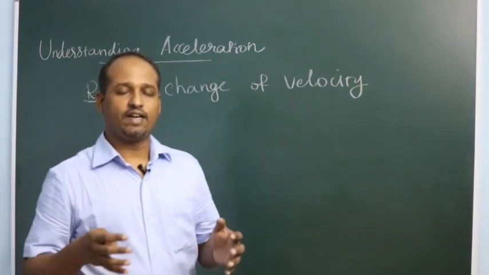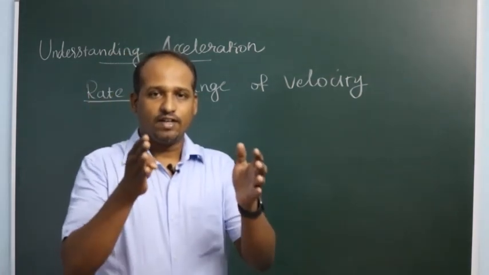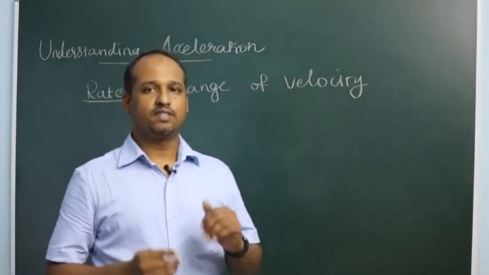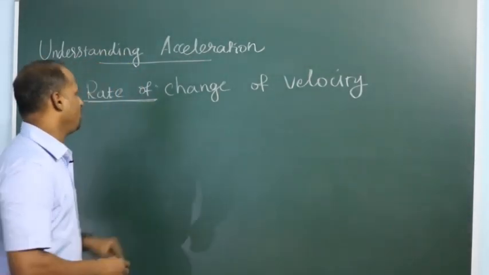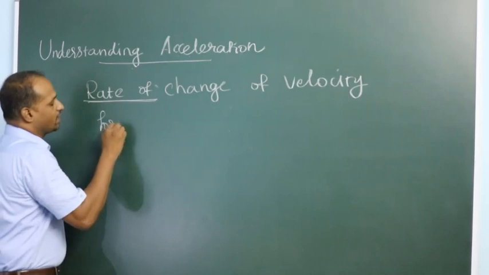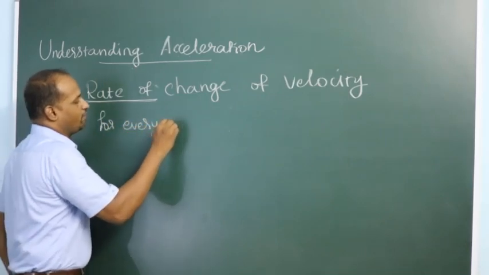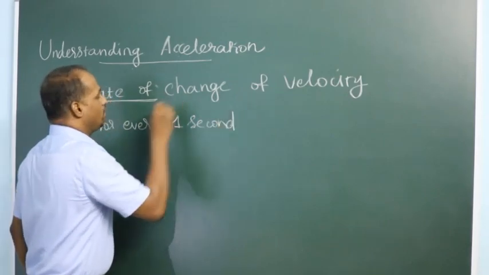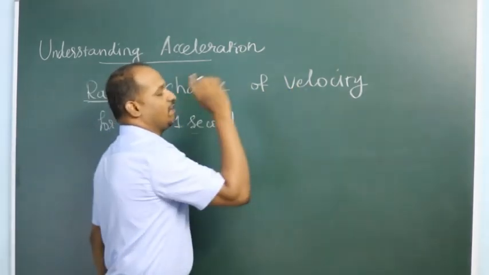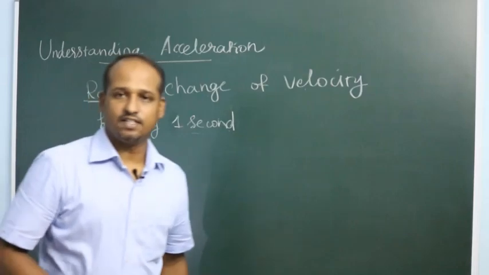When we write a number like 10, we don't write 10 by 1, but the 1 is understood. Similarly, rate of here means time rate of. Time rate of means for every 1 second. For every 1 second, change of velocity is called acceleration.